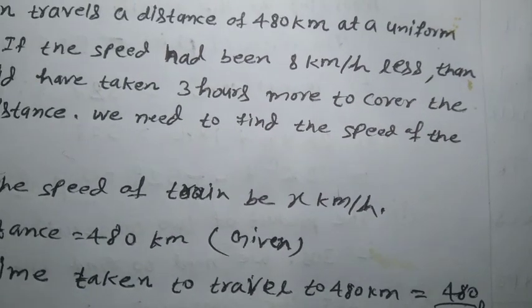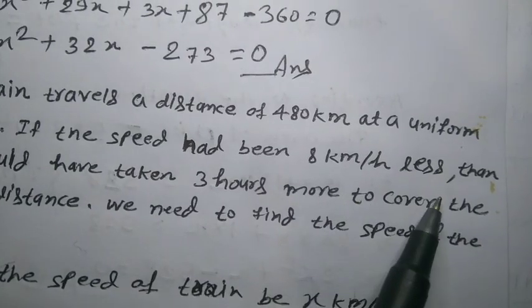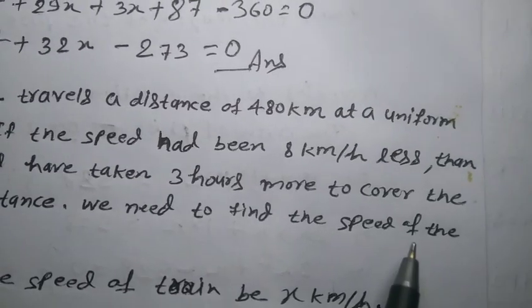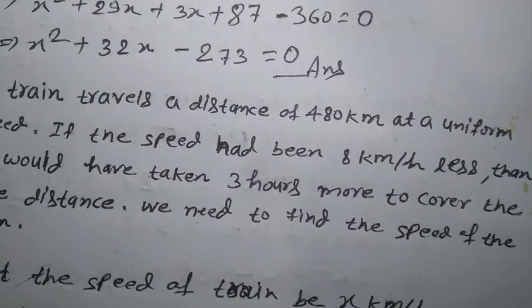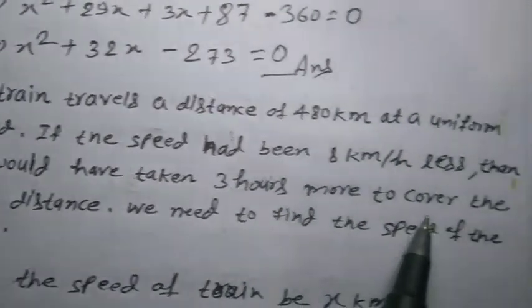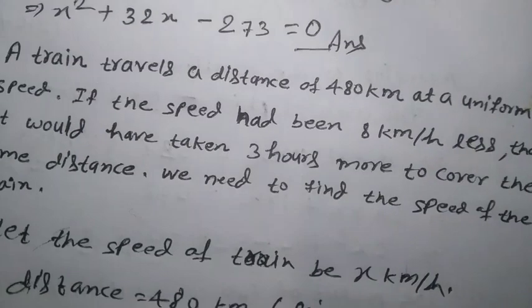Now the next step, the question says if the speed had been 8 km per hour less, then it would have taken 3 hours more to cover the same distance.